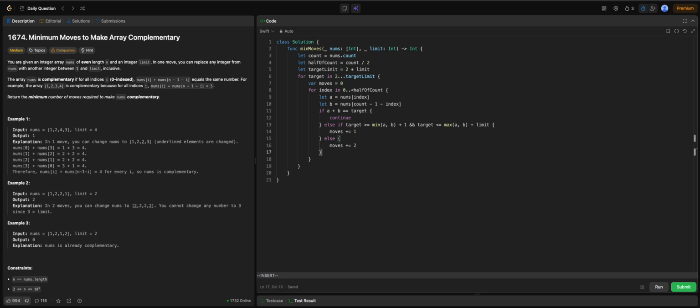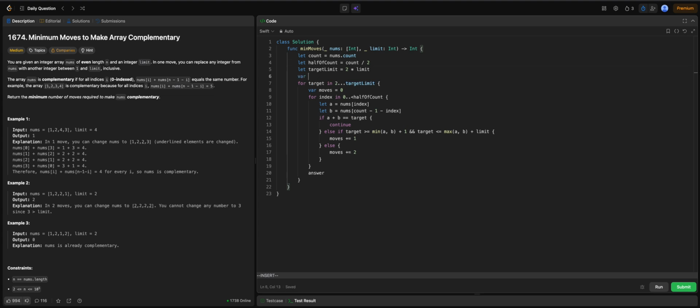So if everything went well, after the iteration through half of our array, we can just calculate our answer in here. Let's get one more variable called answer. That will be the max of the integer. So I'm going to get the minimum of answer and move. At the end, I just return the answer.